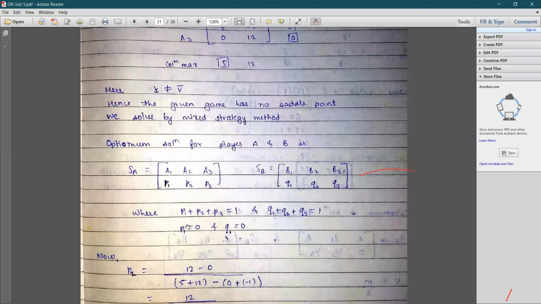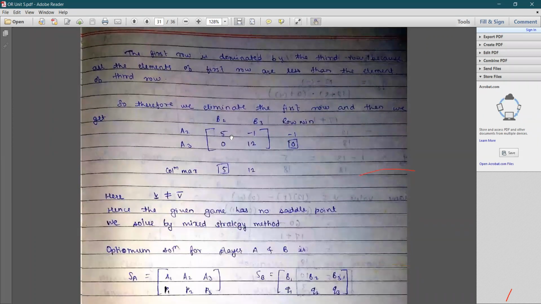Then again use the formula P2 is equal to A22 minus A21 upon A11 plus A22 minus A12 plus A21. Then from this matrix, A22 means 12 minus 0 upon 5 plus 12 minus 0 plus minus 1.